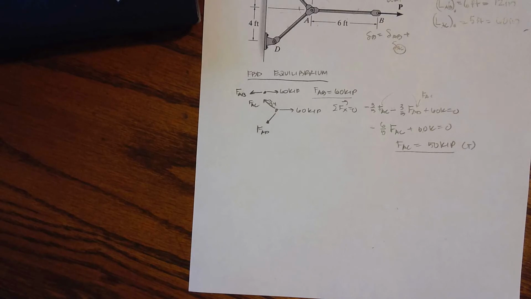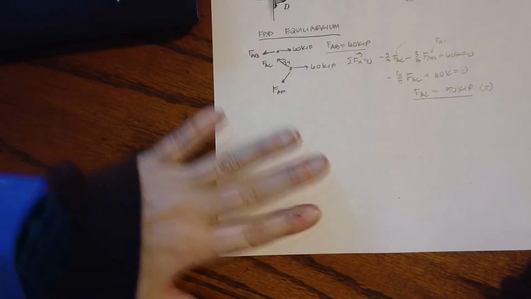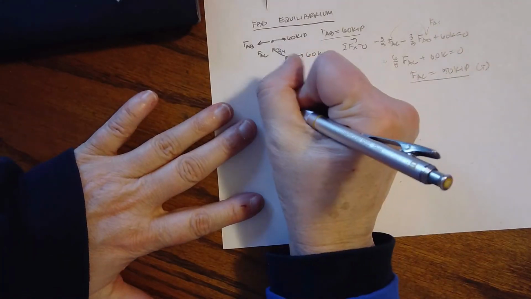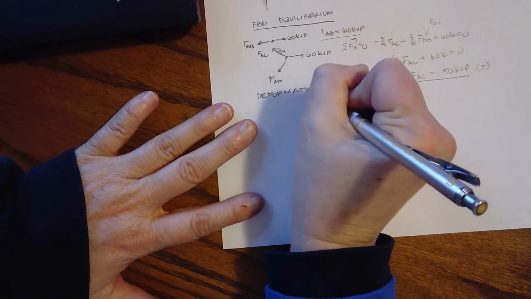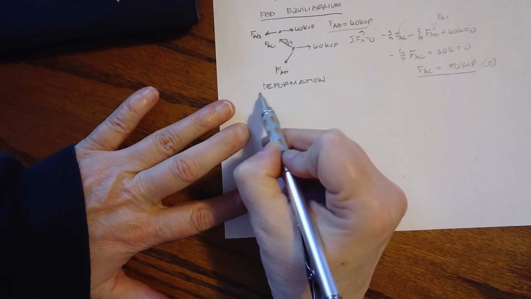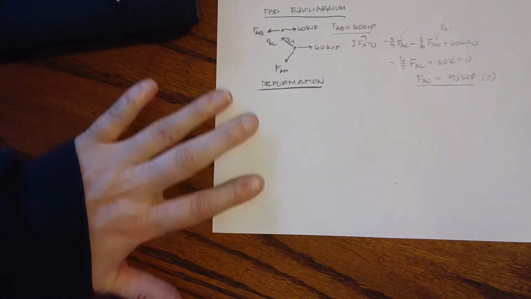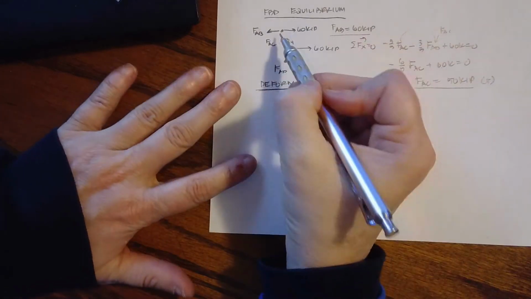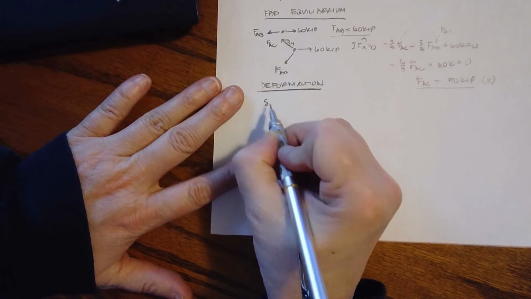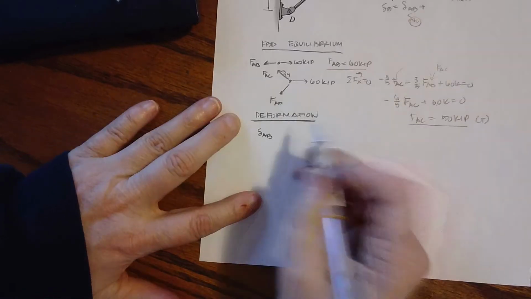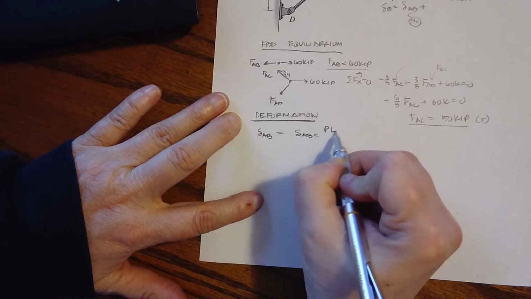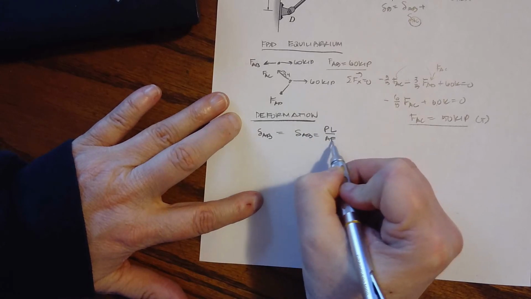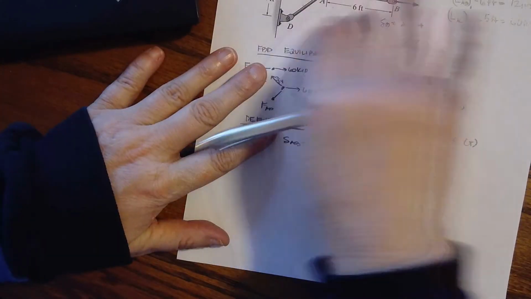Okay, so now let's go back and look at the deformation, because this is where it again gets very, very tricky. But if you can draw a big picture, then it's easier to see. So let's start with the delta of AB. I know that delta AB equals PL over AE, and it is going in that x direction.